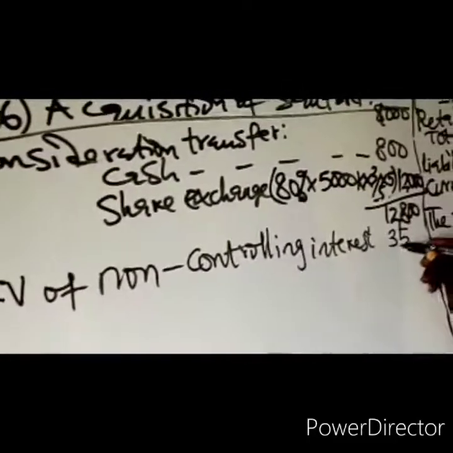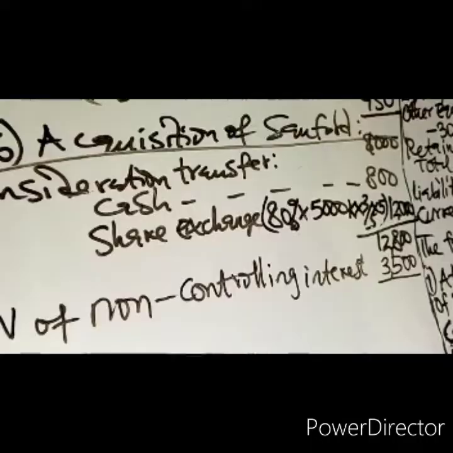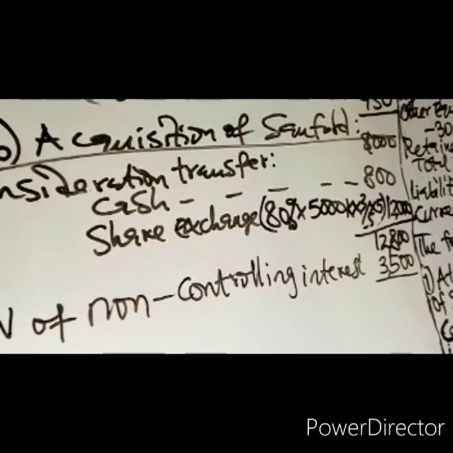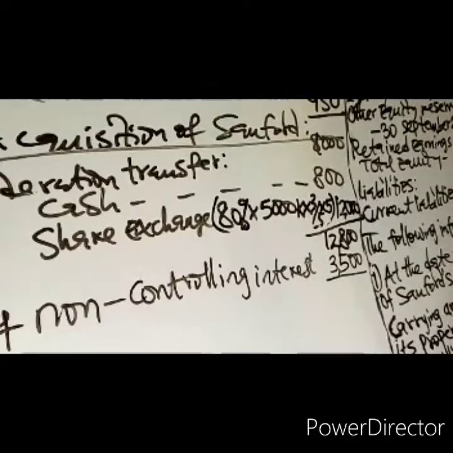You are given the fair value of non-controlling interest to be $3.5 million. So if you add it to 12.8 million, 12.8 plus 3.5 will give us $16.3 million.